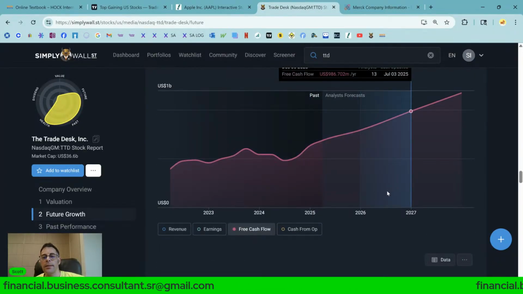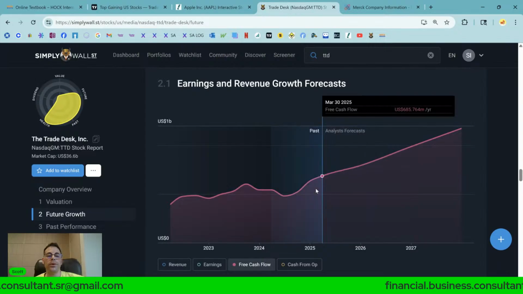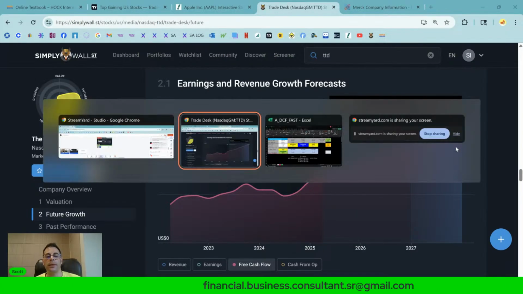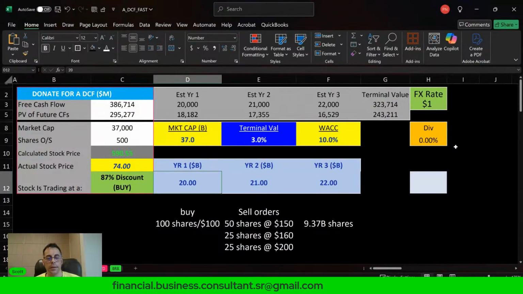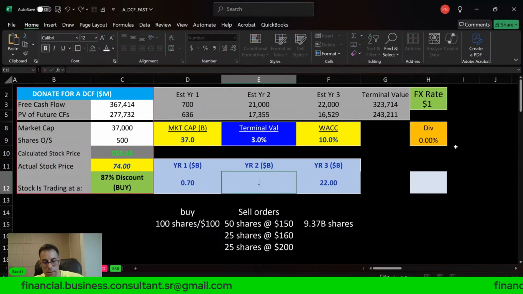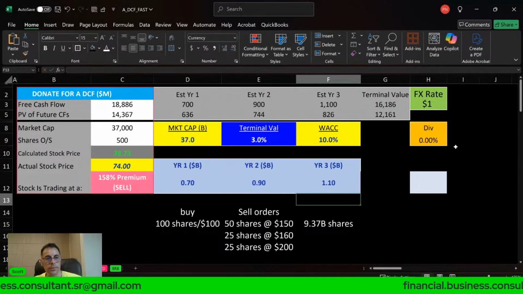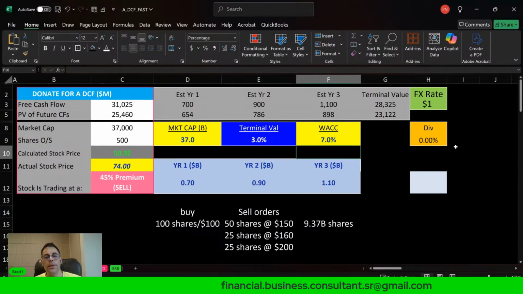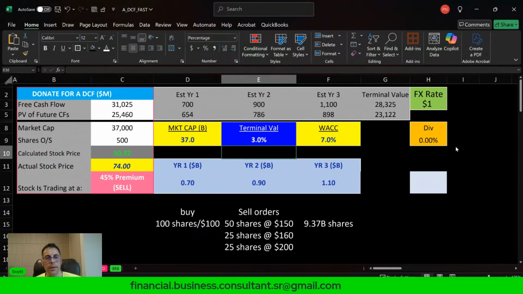Well, look at this growth for The Trade Desk. Wow, 1.1. So this seems overvalued.